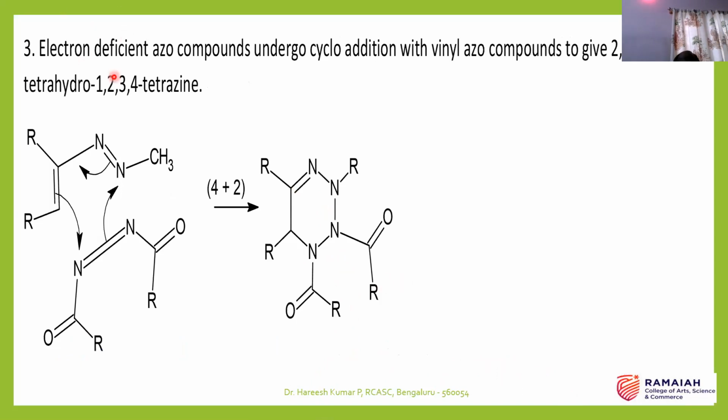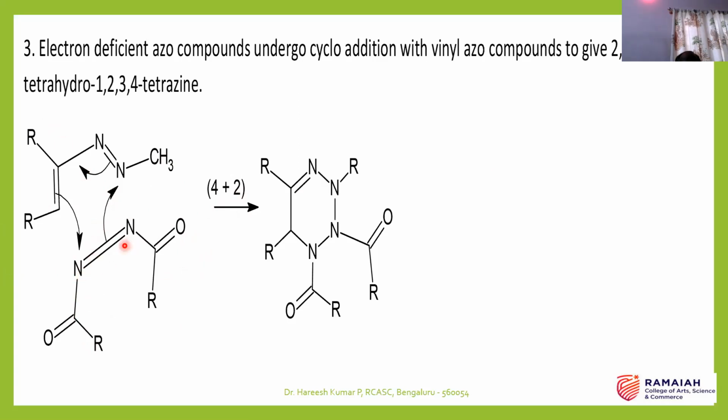So next slide, here you know that there is one more method of preparation of tetrazines. What will happen here? This is also a cycloaddition, more particularly a 4+2 cycloaddition. But we have to name these two compounds.